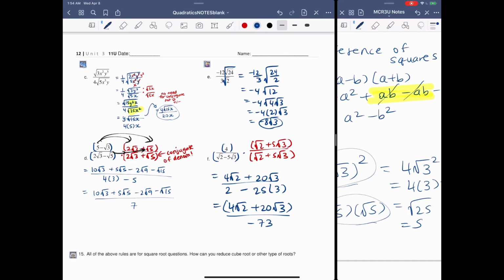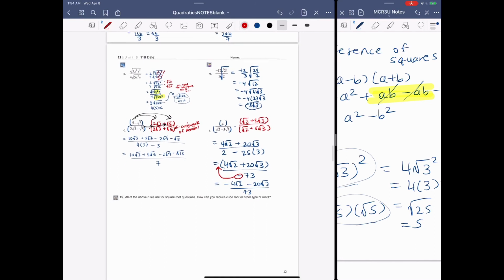Only thing is, it is bad form to leave the negative in the denominator. So I'm going to bring it to the top. So I have negative 4 square root 2 minus 20 square root 3, divided by 73. It's like I'm bringing this to the front of this bracket, and then I've distributed it.